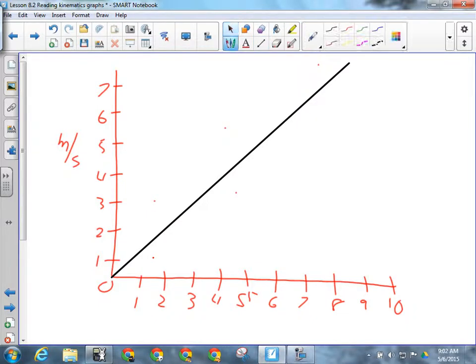Now I've got my best fit line, and I want to calculate its slope. But I've got to figure out what that's going to tell me. First off, this line tells me the speed is changing. Agreed? And it's changing over the course of time.